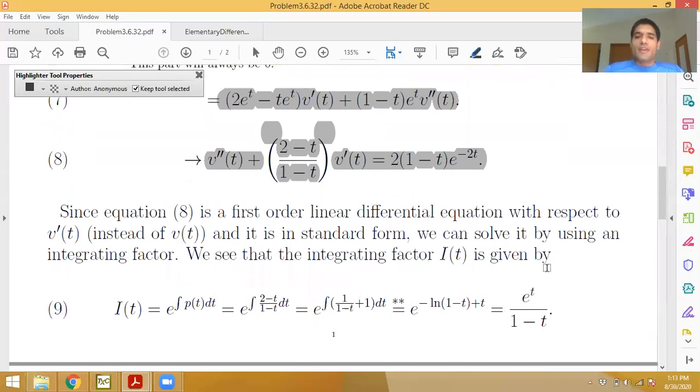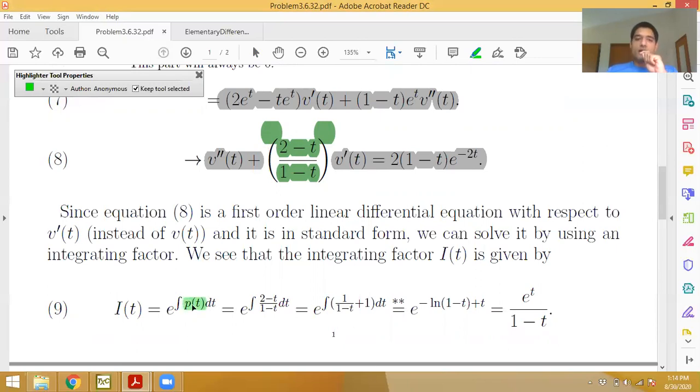And I'll go a bit fast on this part. I'm assuming once you're in chapter 3, you guys are all comfortable with integrating factors. So the integrating factor, we just use the formula e to the integral of p of t dt, where p of t is here the coefficient of the v prime of the term that's not being differentiated, so to say.